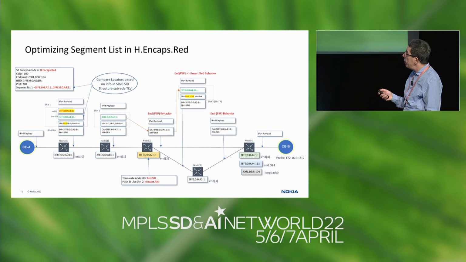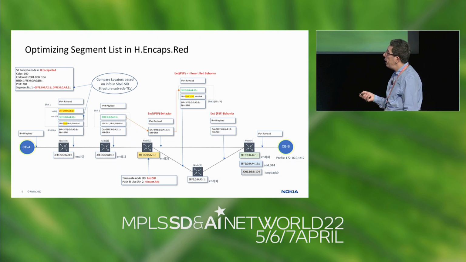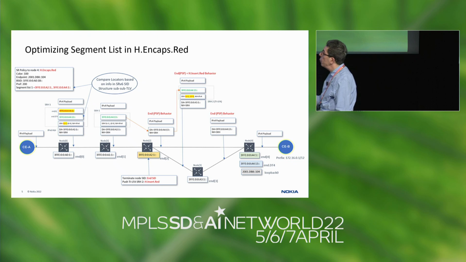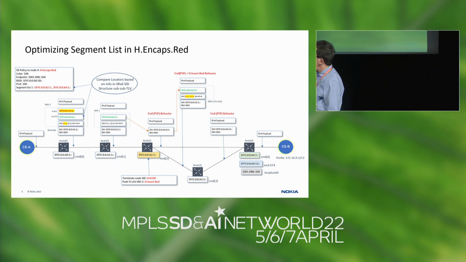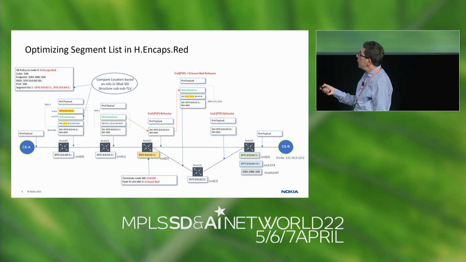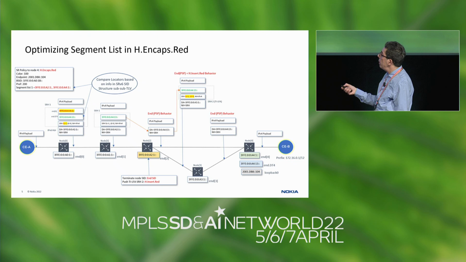The other addition to that previous case is, you notice that the segment list we had here for the SRv6 policy on the ingress PE had a node SID. The last SID was a node SID of node 4, which actually comes from the same locator as the service SID.